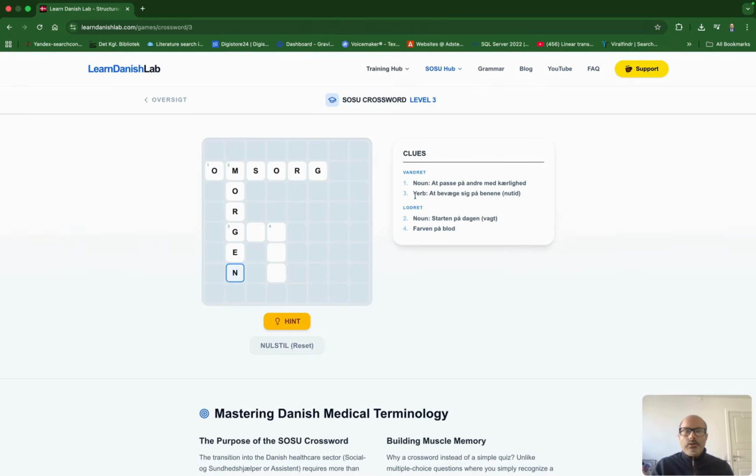Then number three, it is a verb. It's at bevæge sig. What could be bevæge sig? To walk, right? Go. Yeah, go. Okay. And what is the last one?